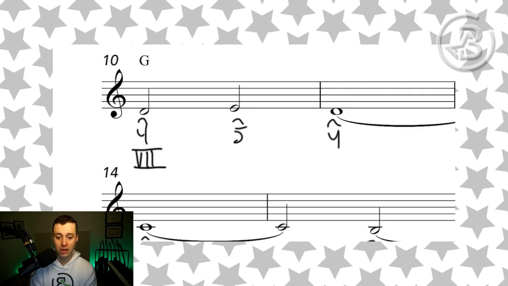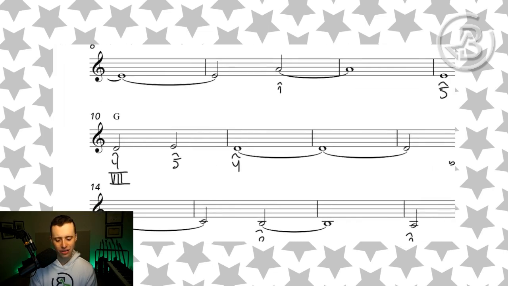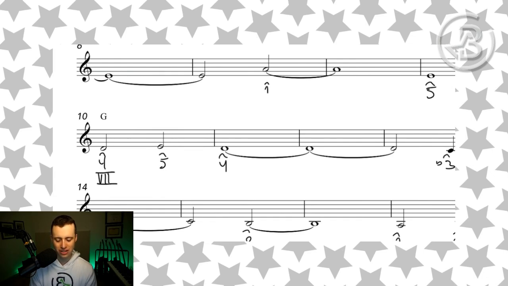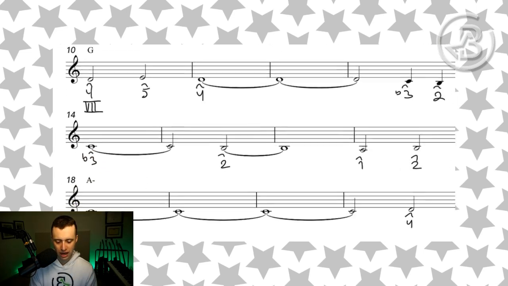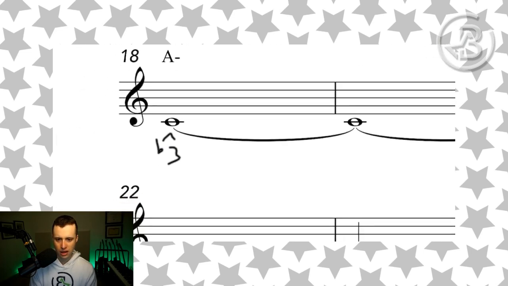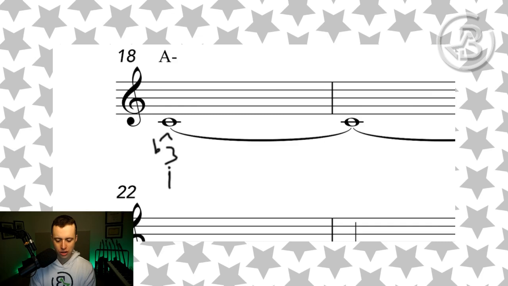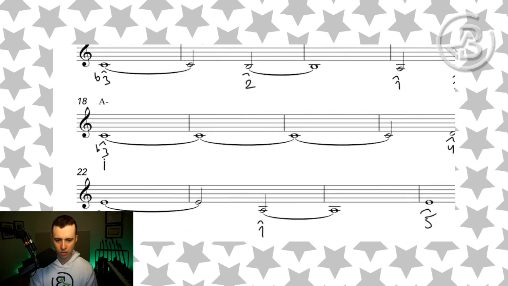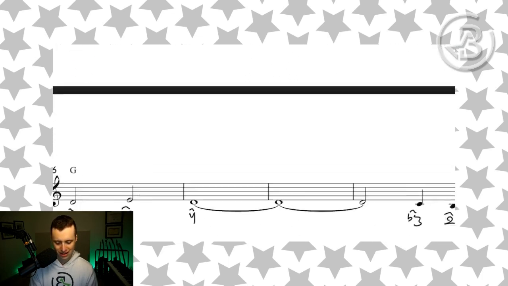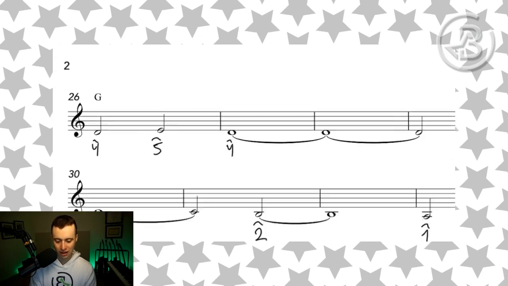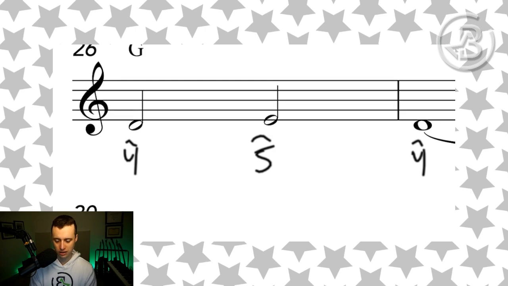So minor 1, major 6, major 7. Having those major 6 and major 7 chords in the minor key, those are relatively common chords to see. And there are a lot of chord progressions that use the minor 1, the major 6, and the major 7. And when I say a lot, I mean a lot.